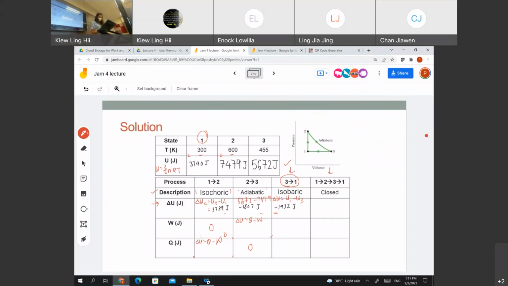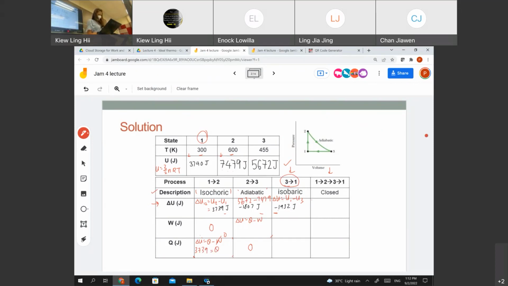Okay, so move on. Since the process from 1 to 2 is isochoric, isochoric means no work done, right? Process 2 to 3 is adiabatic, so adiabatic means no heat. Now, can we find the value of Q for 1 to 2? Yes, because from the first law of thermodynamics, delta U equals Q minus W. So delta U, 3739, equals Q. So that's why your Q is 3739.